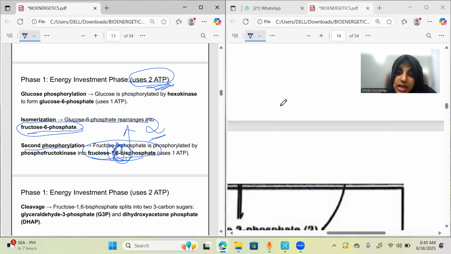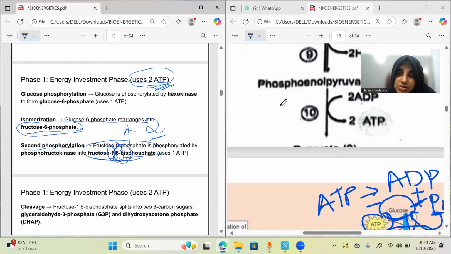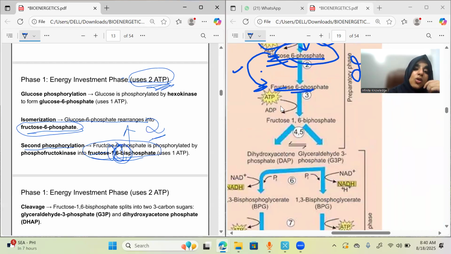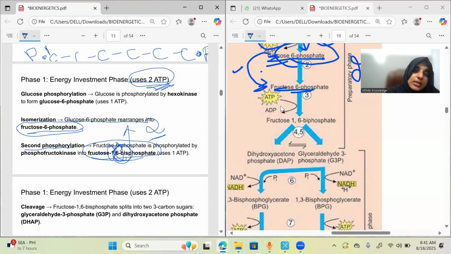If I can show you another diagram. Oh no, the structure is not over here. Okay, so see, glucose or fructose, both of them have 6 carbons, right? If I write 1, 2, 3, 4, 5, 6, one phosphate will attach over here, P, and the other phosphate will attach over here: one at carbon number 1 and one at carbon number 6.